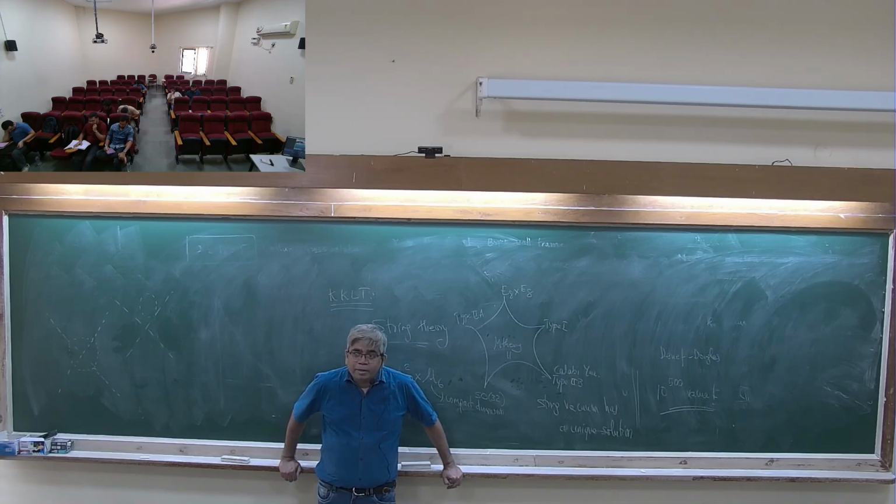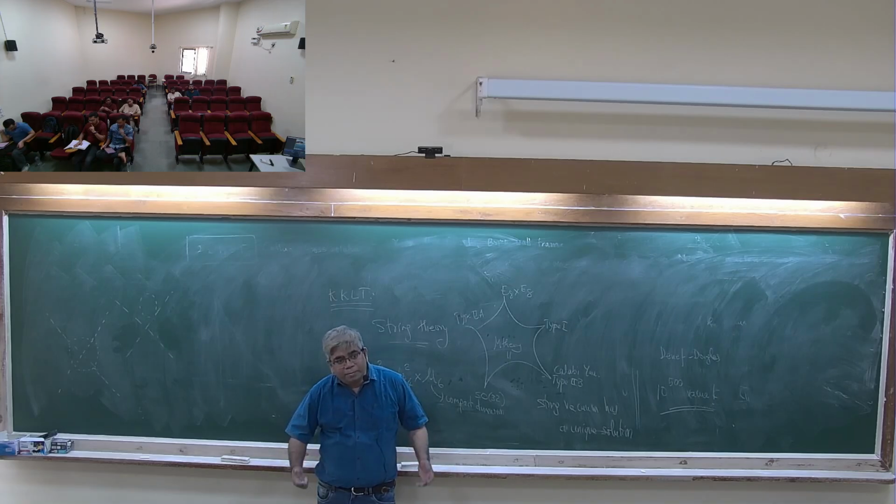So the discovery of the cosmological constant was considered to be anti-string theory, because string theory cannot support vacua with a positive cosmological constant.